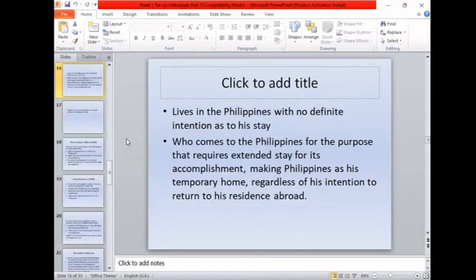He or she is not a citizen of the Philippines because he or she is an Indian national. Especially if the foreign student, aside from studying, also works here. Another one, if a foreigner is here in the Philippines to work and stays for too long, they can also be called a resident alien because the purpose of stay is work.